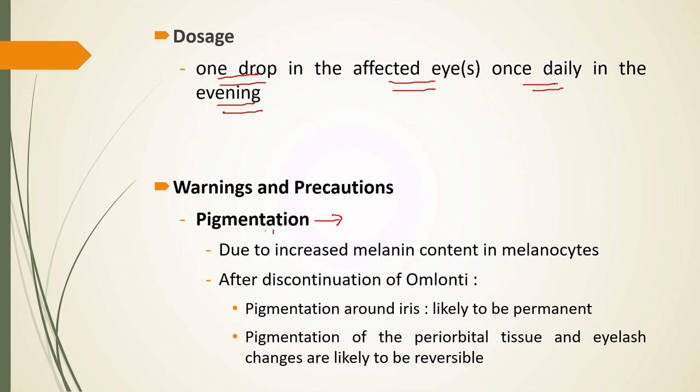This pigmentation basically occurs due to increased melanin content in the melanocytes. Once Omlonti is discontinued, the pigmentation around the iris is however likely to be permanent. But the pigmentation of the periorbital tissue and the eyelash changes that are occurring are likely to be reversible.